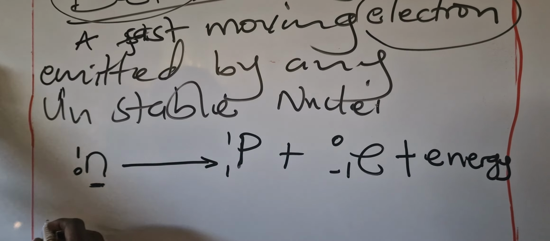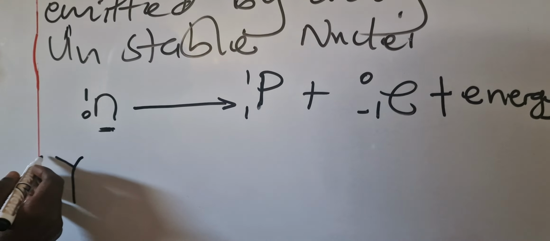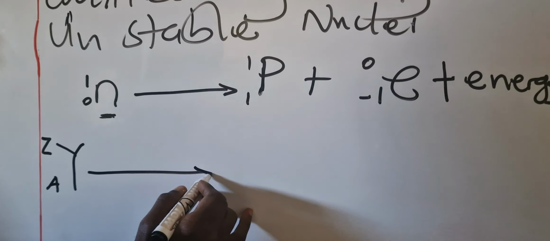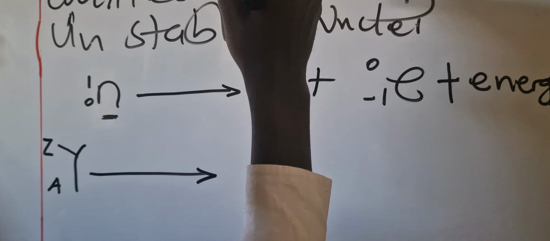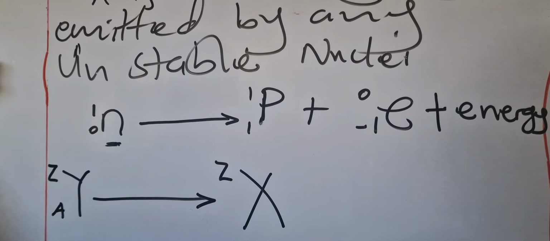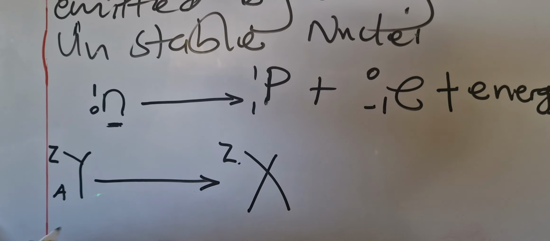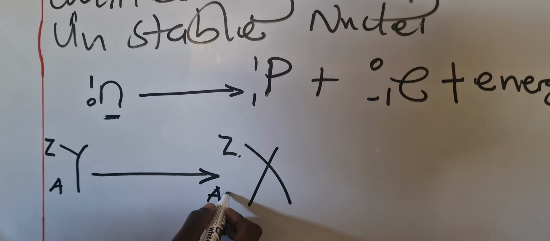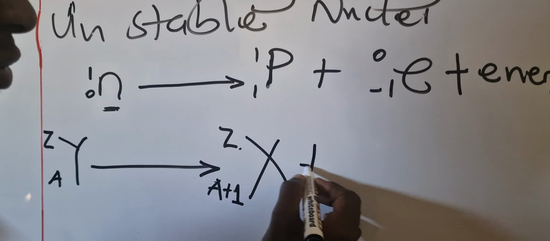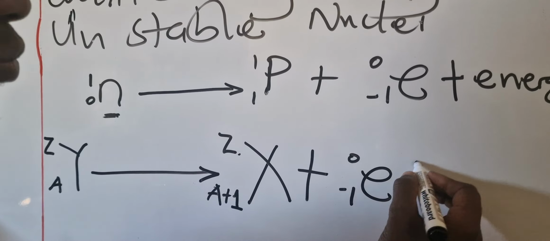So for any element, for example, this is our mother nucleus. To decay by emission of a beta radiation, it will always form a daughter nucleus whose mass number is not affected, but the atomic number increased by 1, emitting an electron as the beta particle plus energy.